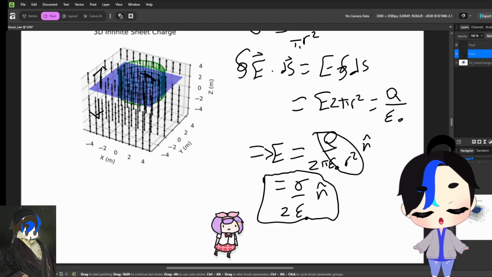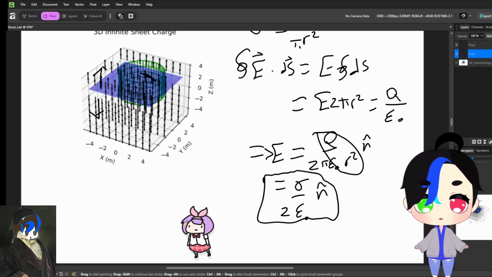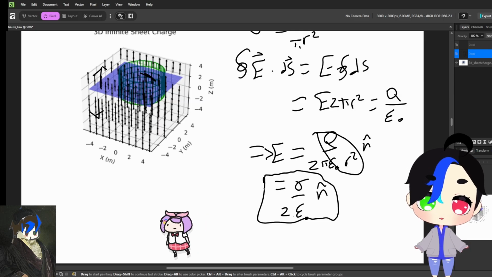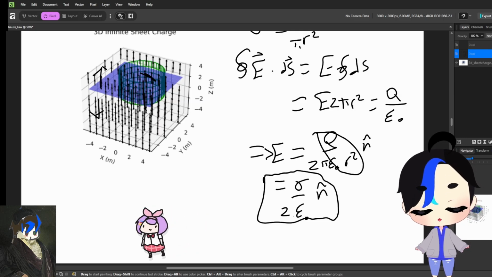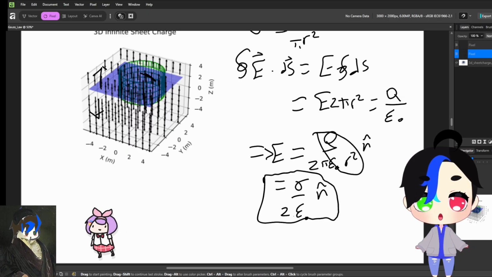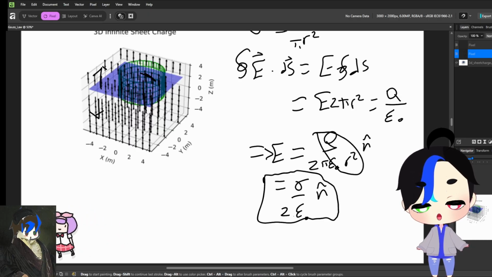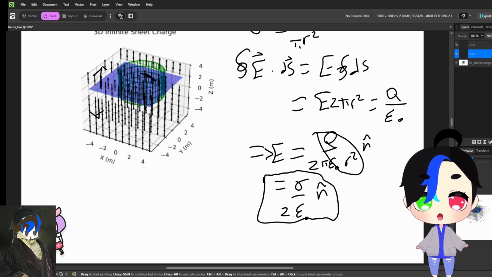Now, obviously, this is not realistic. You're never going to have infinite sheets of charge. But if you've ever wondered why physicists still deal in these toy models or idealized situations that don't actually correspond with reality, it's because they make good approximations for real life situations.